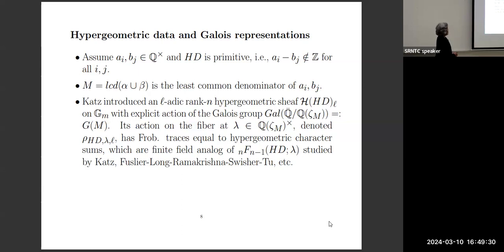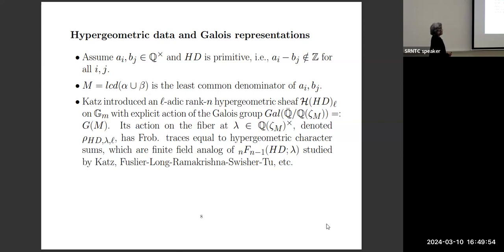To describe this Galois action, we describe it by giving the traces of the Frobenius elements. And these traces happen to be the hypergeometric character sums. They are the finite field analog of the hypergeometric functions that we have just defined.